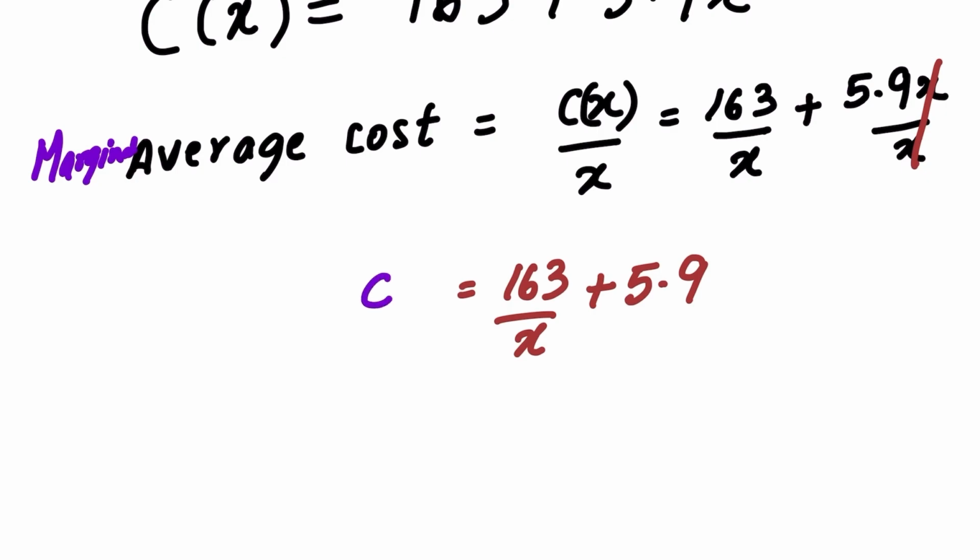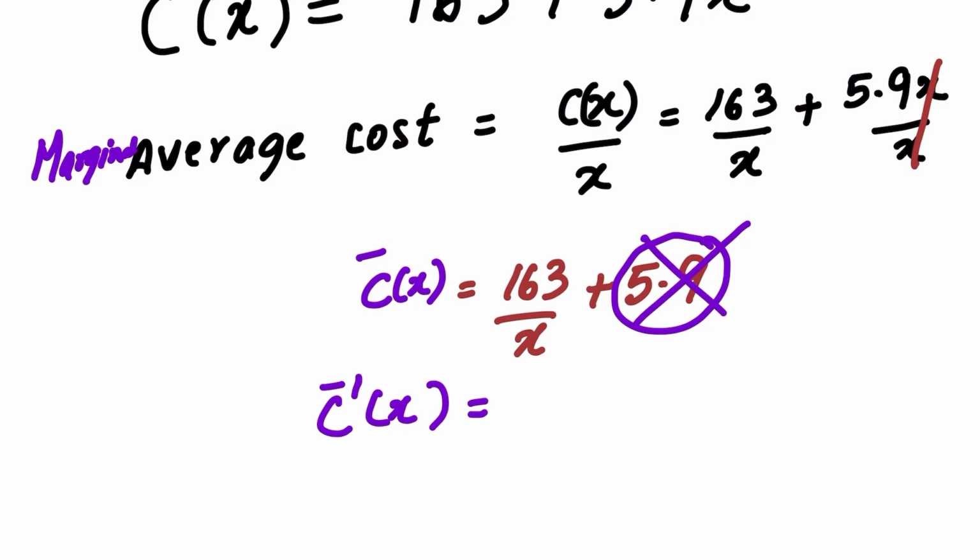So this would be the average cost, and now I'm finding the derivative of average cost. This is a constant. Derivative of a constant is 0, and I'm finding the derivative of 163 over x.